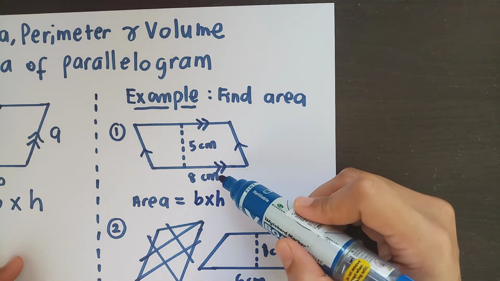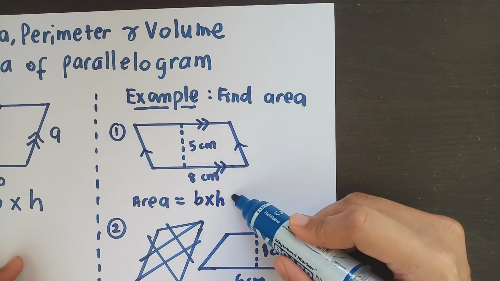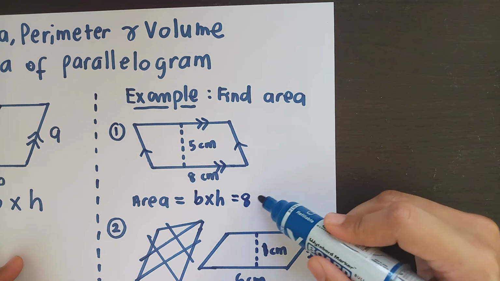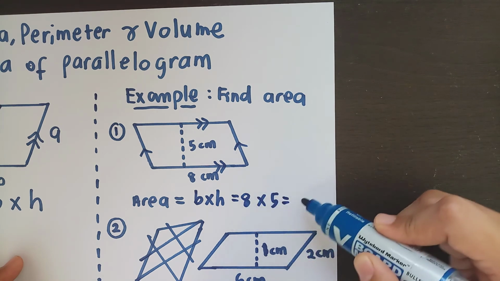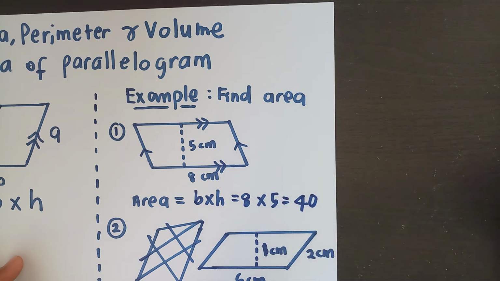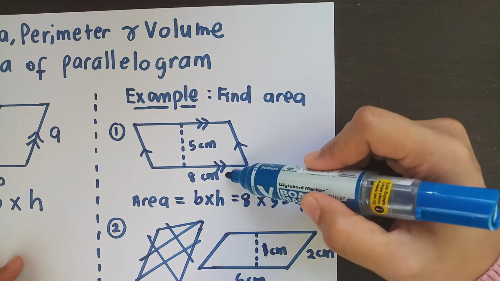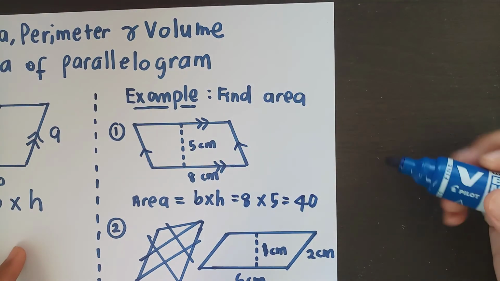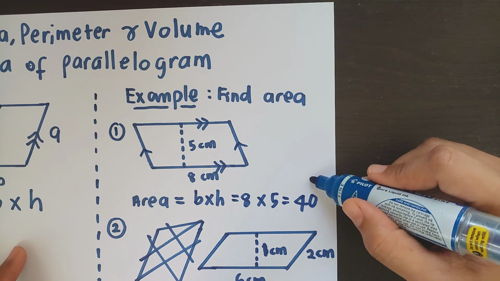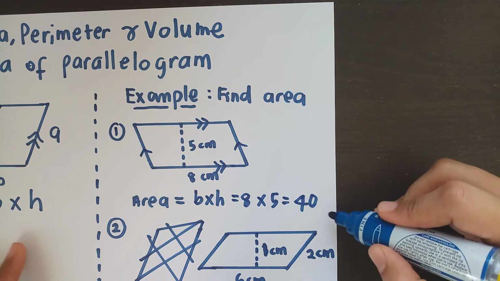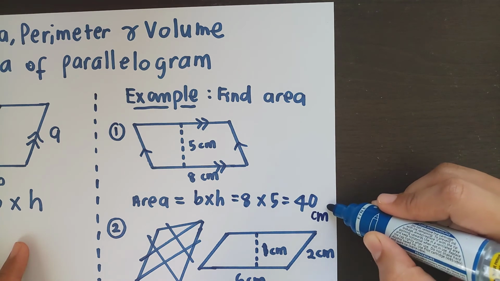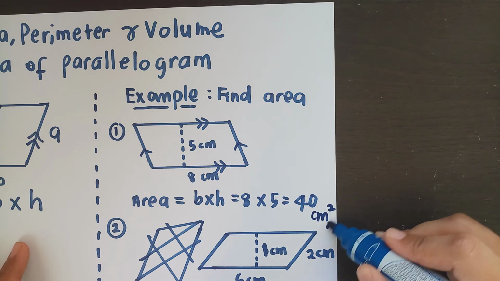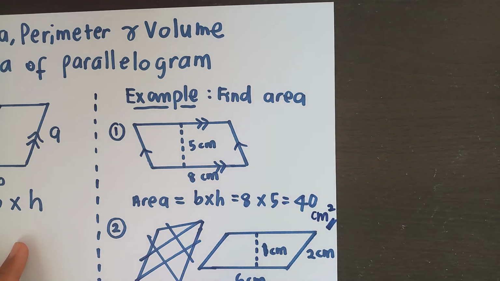We can clearly see here, the base is just 8. What is the height? That is just 5. So that is just 40. What is the unit? This is cm, this is cm as well. So the unit is cm square. 40 cm square.